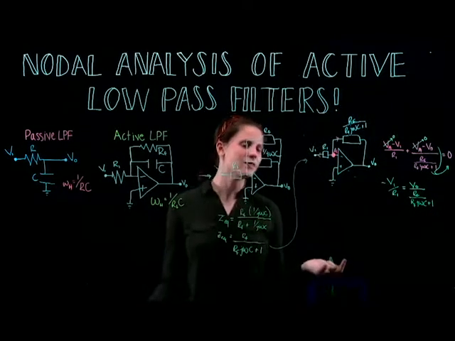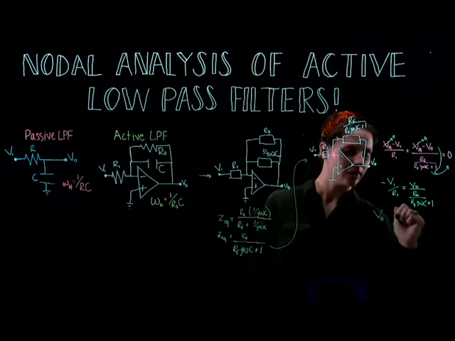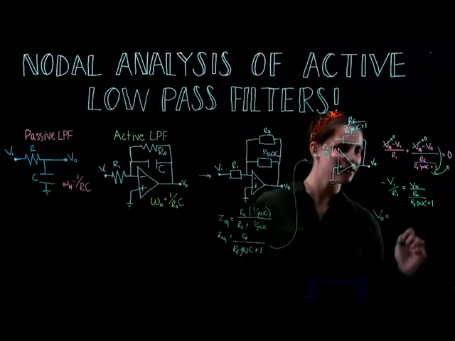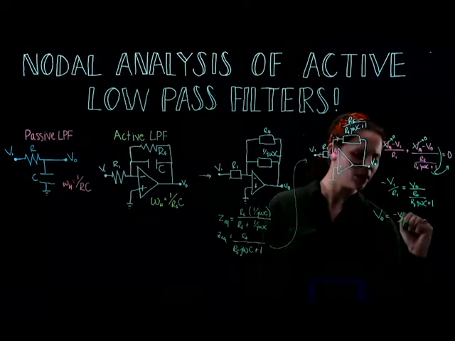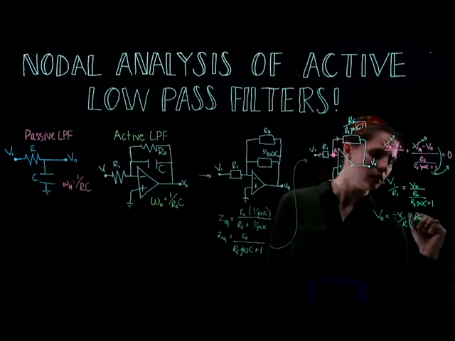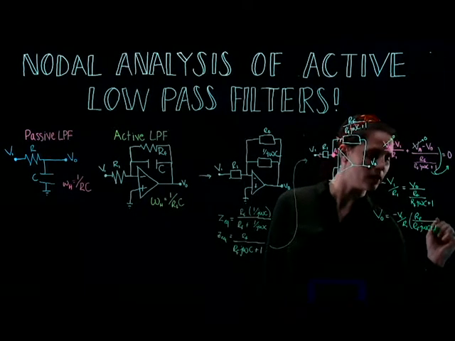And now, to solve this, we will get our Vout by multiplying by this equivalent impedance that we've solved for. Vout equals negative V1 divided by R1 times RF over RFJωC plus 1.